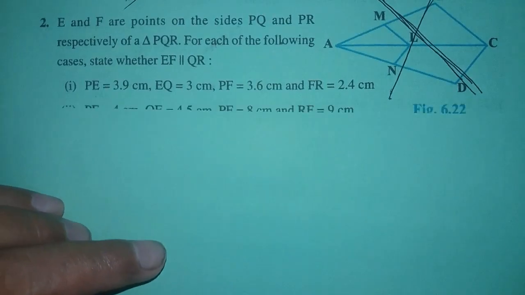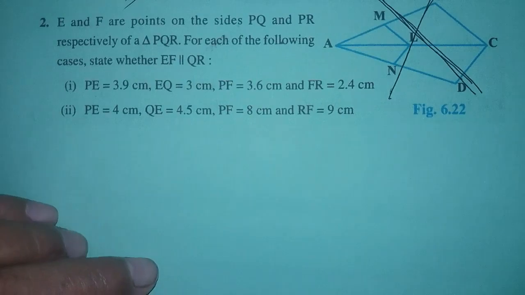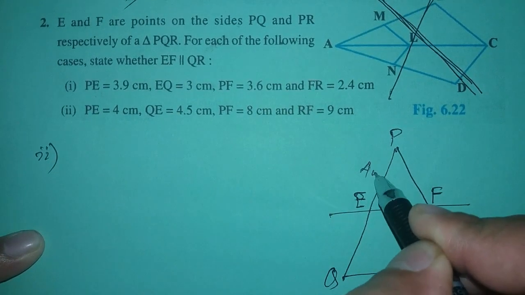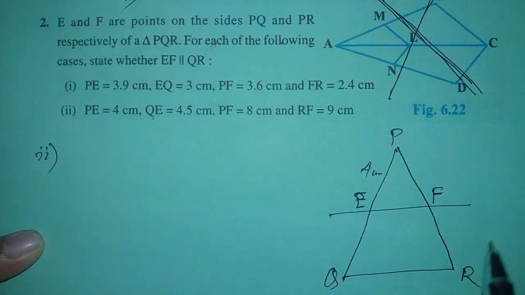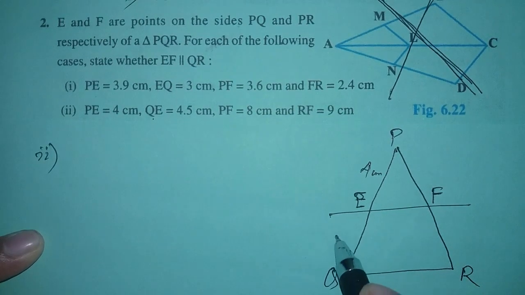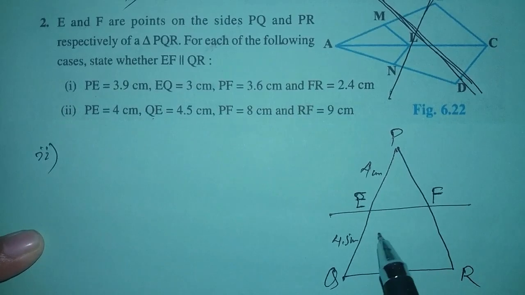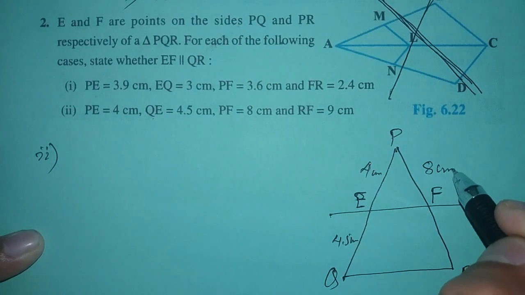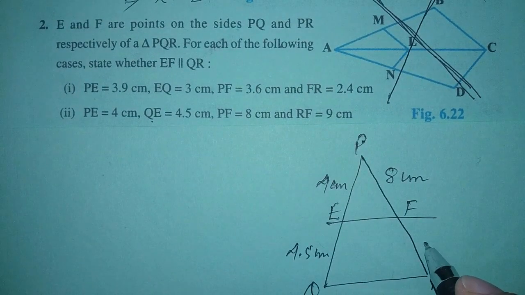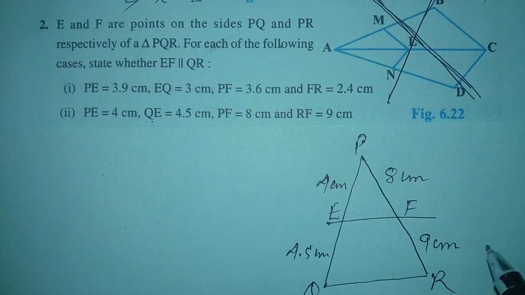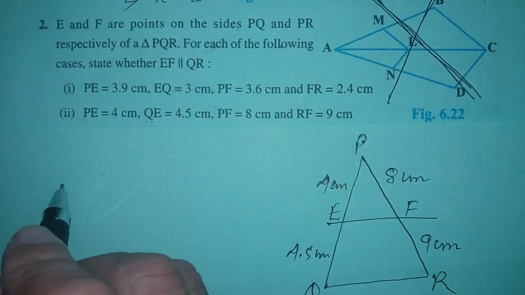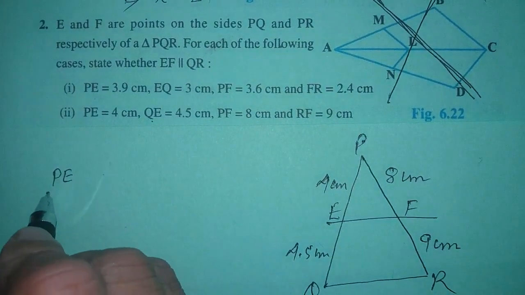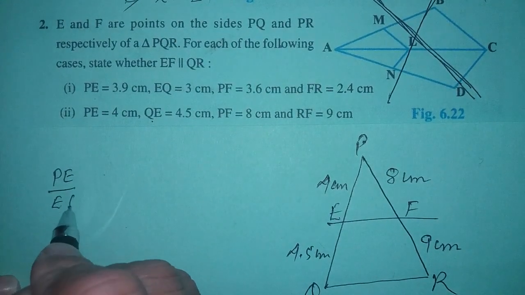Now let's see the second one, that is Roman number 2. Here PE is 4 centimeter, QE is 4.5, PF is 8 centimeter, and RF is equal to 9 centimeter. Now we're going to check PE by EQ.